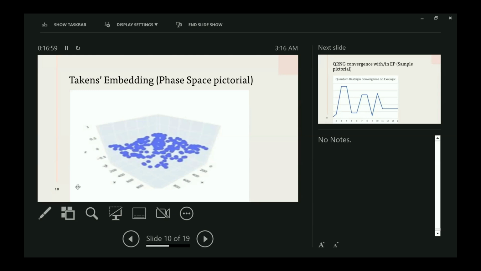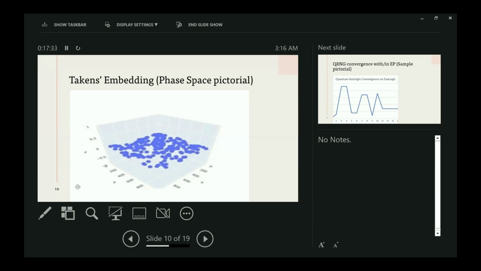This is how it looks, and this is basically the X and Y coordinates representing the values themselves, and the Z coordinate is the differential, the value of the differential coefficient at that particular XY coordinate. That's what the Z coordinate is in this Takens embedding.